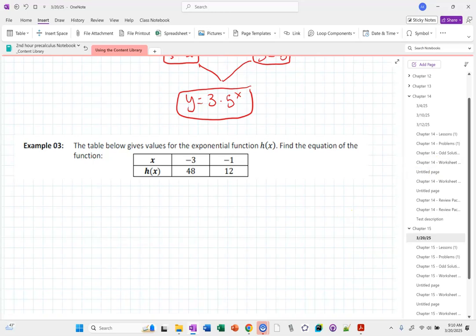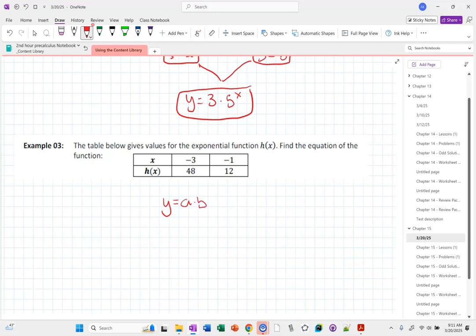So these would be the only 2 situations that you'll see: either the case where we had a whole table, but x equals 0 is one of the values in our table, or something like this, where you have just 2 points. So again, we want to write an equation that looks like this. So I would start by just plugging in the x and y.